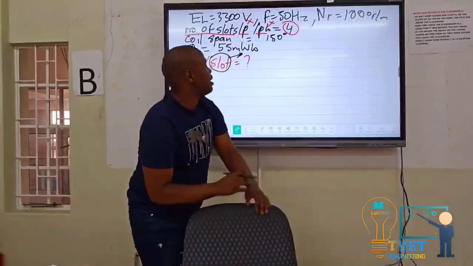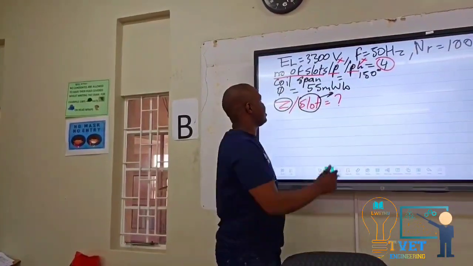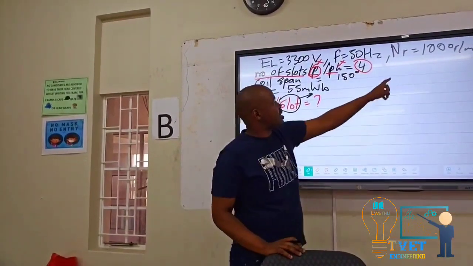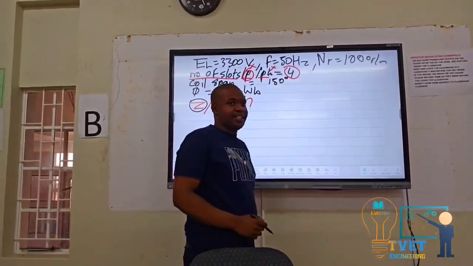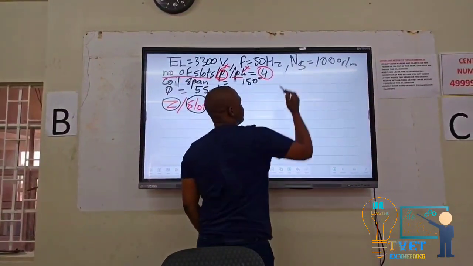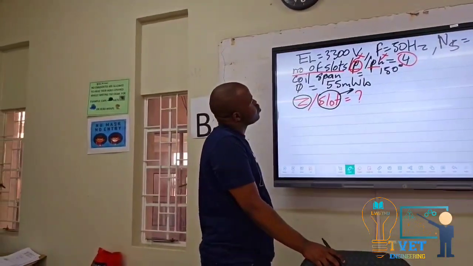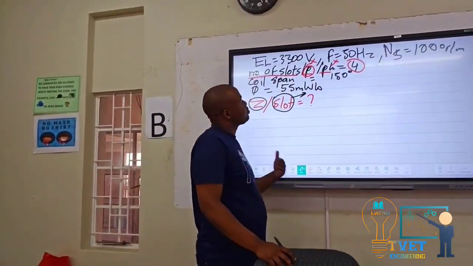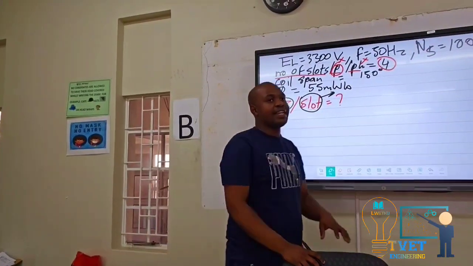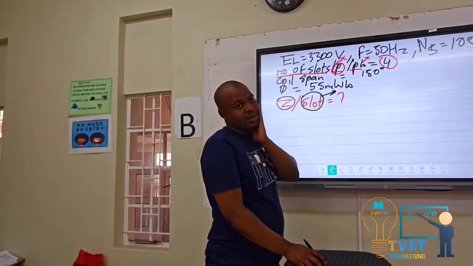But it becomes apparent that in order for me to get the number of poles, the speed is the rotor speed, not the synchronous speed. So how many poles will be given by the synchronous speed?